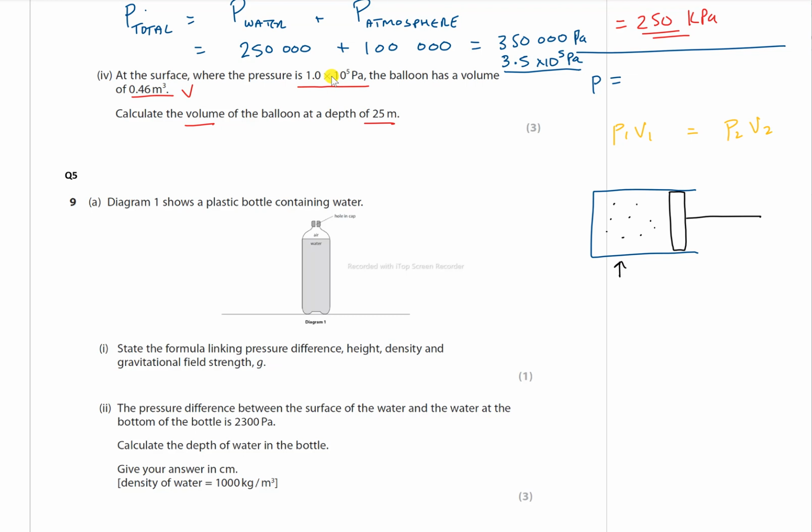So in here, at this moment in time, pressure times volume gives me a number, a constant. So I'm not changing the temperature.